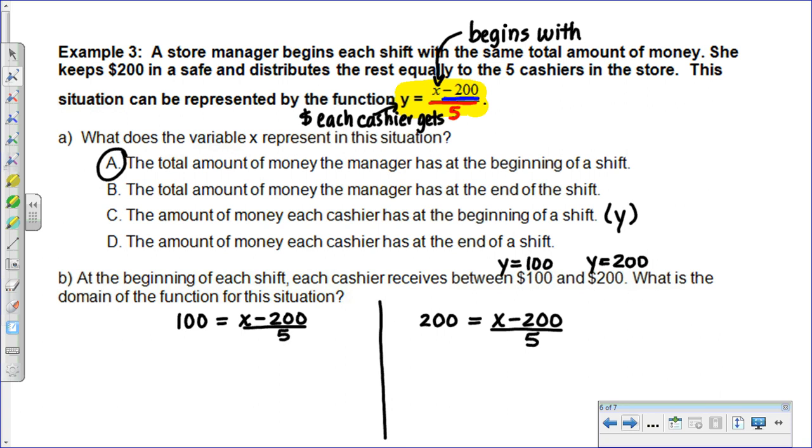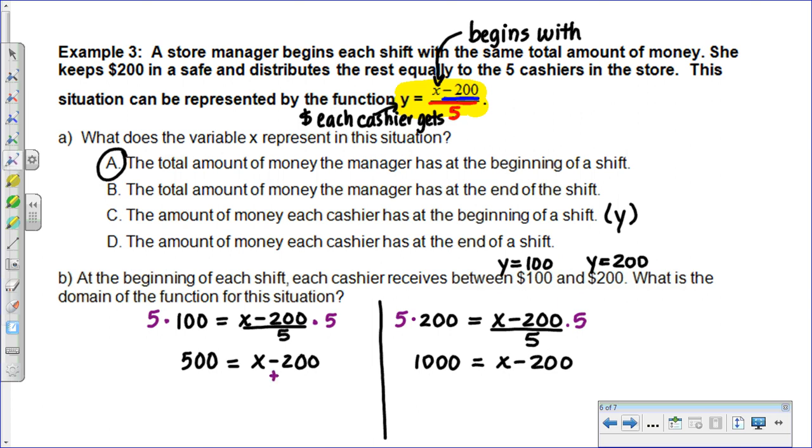So let's solve. For each one, we're going to begin by multiplying both sides by 5. So for the first equation, I get 500 equals X minus 200. And for the second equation, I get 1,000 equals X minus 200. In both equations, I'm going to finish by adding 200 to both sides.